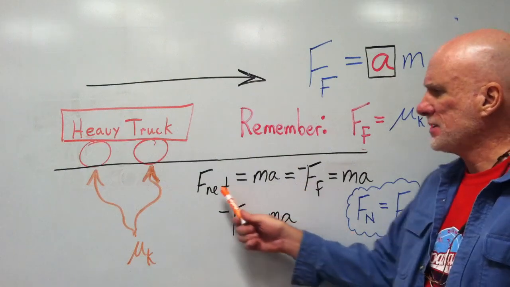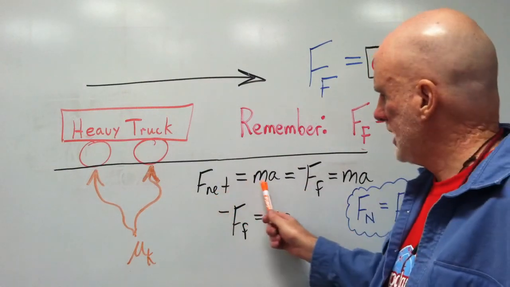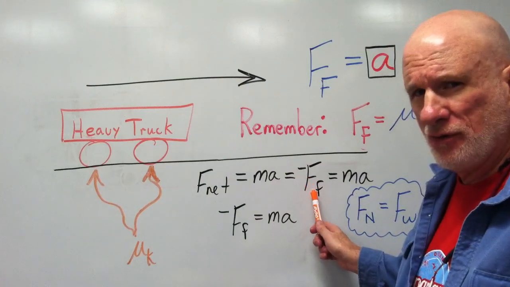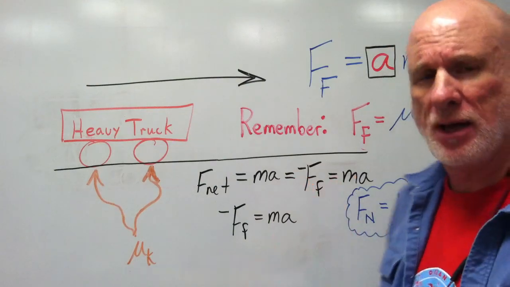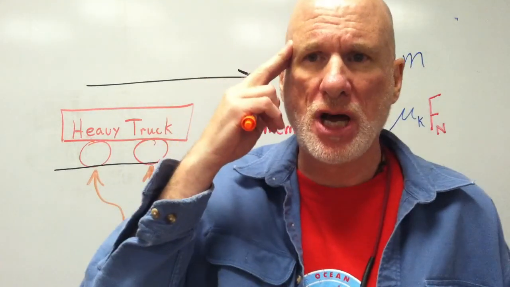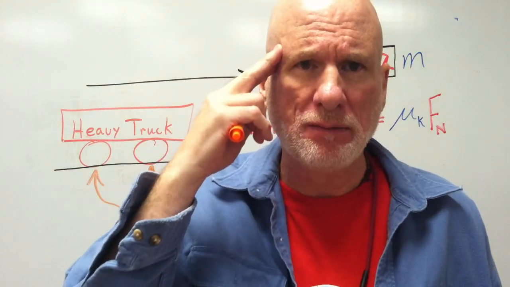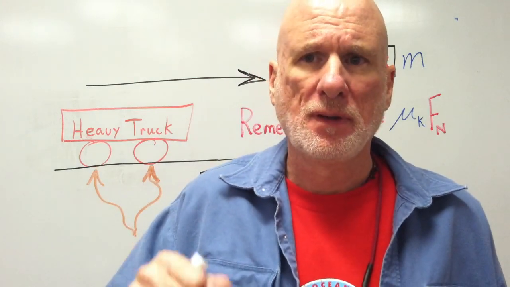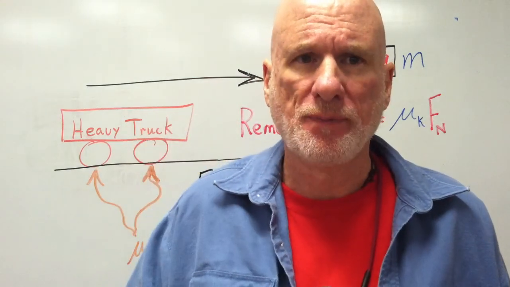We know that the net force equals MA, and that the force of friction is going to equal MA. Why? Because there's no FP once I take my foot off the gas pedal. My foot's now on the brake.